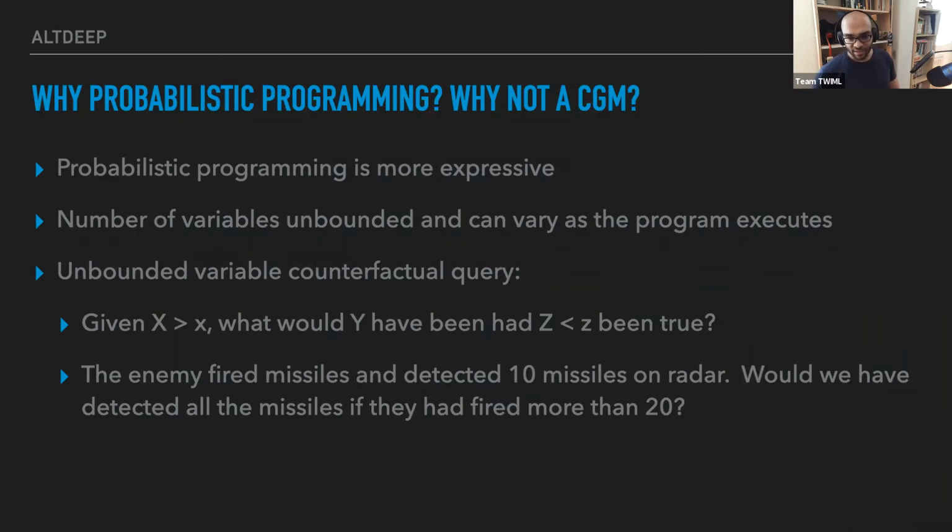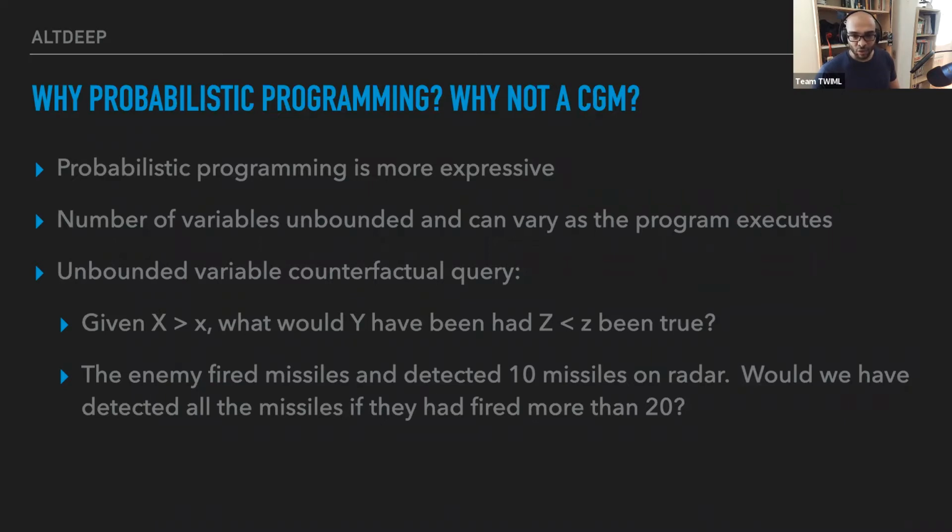I extracted this example from other parts of the literature, but you would ask, is there a counterfactual query where we might want unboundedness? We can do that with first order logic. Think of a military application. The enemy fired missiles and we detected 10 of those missiles on radar.